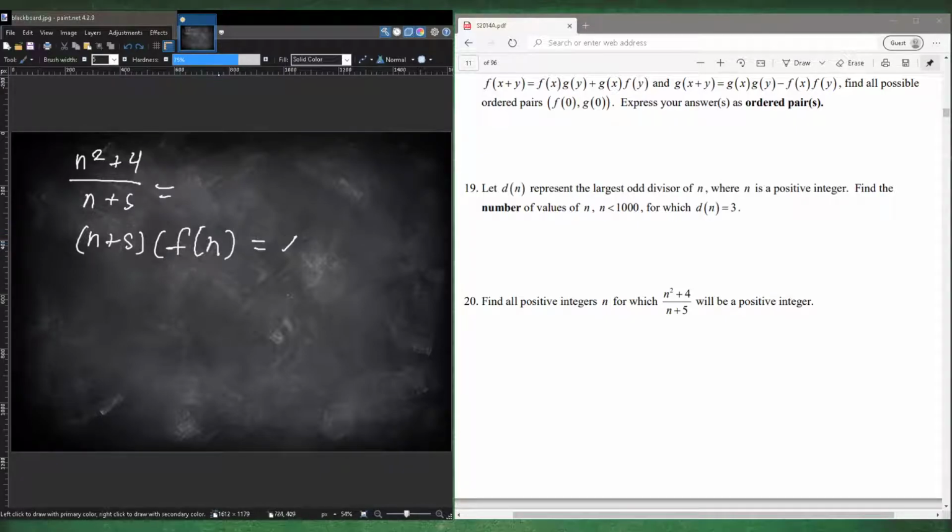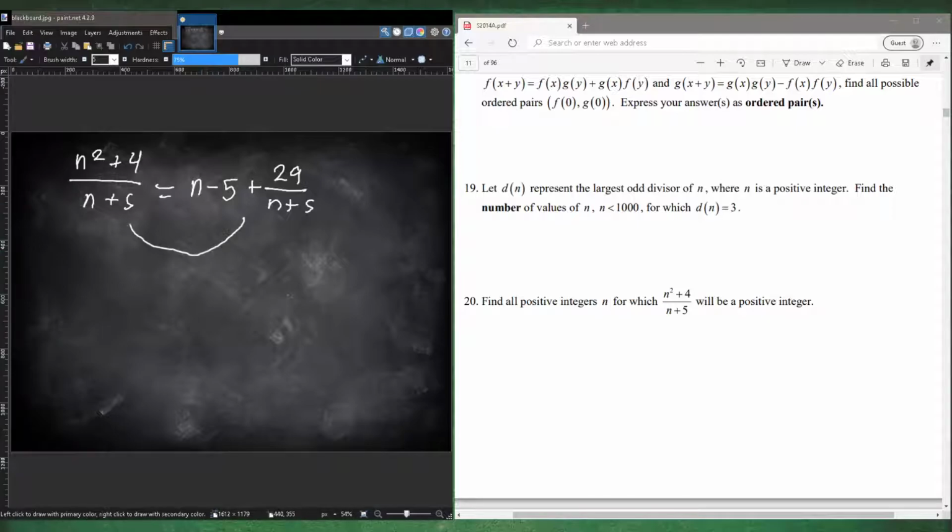We just need to have a minus 5. So instead of n, we could have n minus 5. This would make negative 5n plus 5n cancel out, right? Which is what we want. And then negative 5 times 5 is negative 25. So we have negative 25, but we need 4. So we have to add 29 over n plus 5.